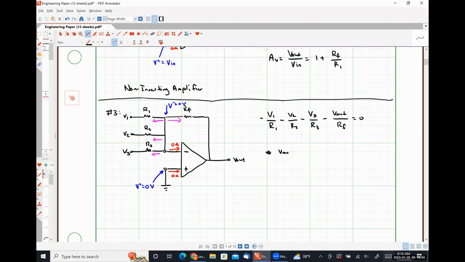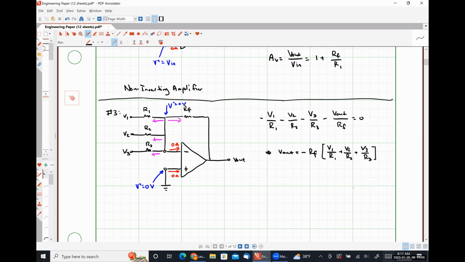And rearranging, we find that our output voltage is negative RF times V1 over R1 plus V2 over R2 plus V3 over R3. We can't really define a voltage gain for this system because we don't have a single input voltage that we're dealing with, okay?